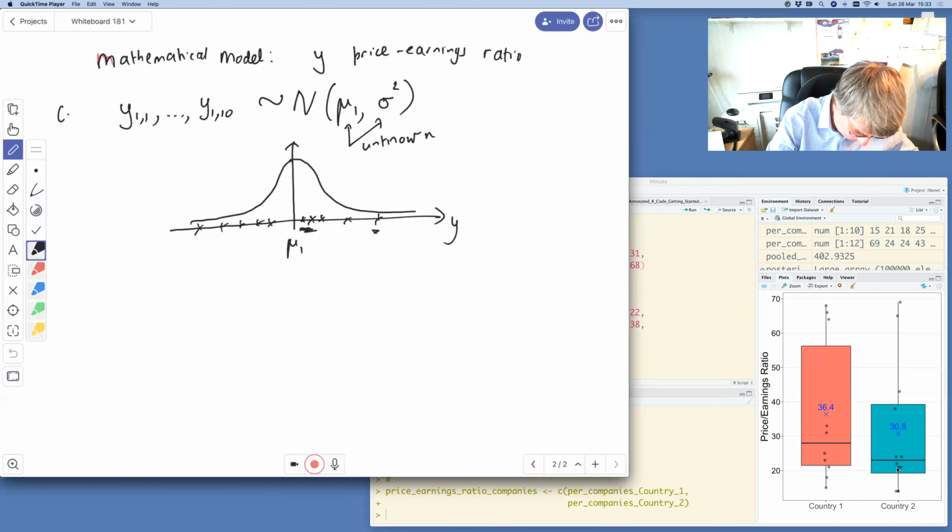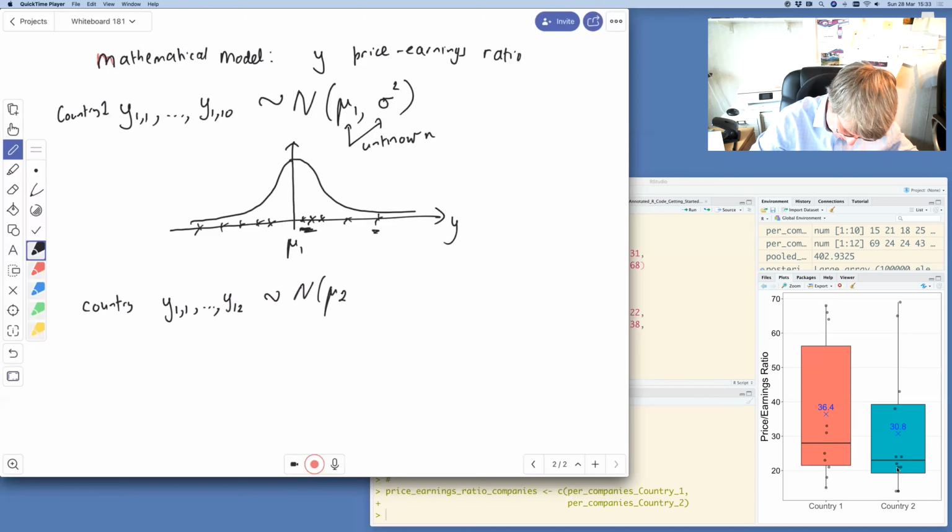And similarly for country 2, we've got 12 values, and they're assumed to follow a normal distribution with mean mu2 and variance sigma squared again, so mu2 would be unknown.